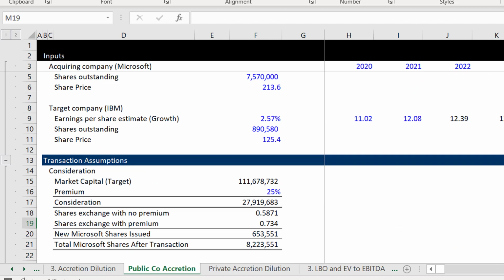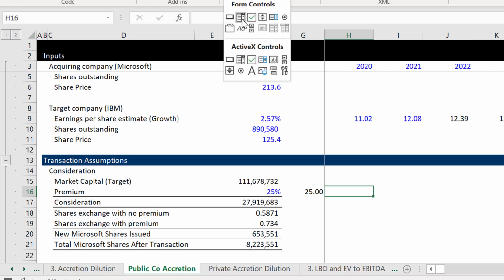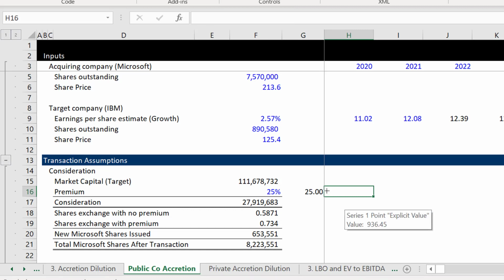We can also then say, let's do this really quickly. Let's put 25 here without a percent. I promised that I wouldn't do this, but I'm just doing this one single time.